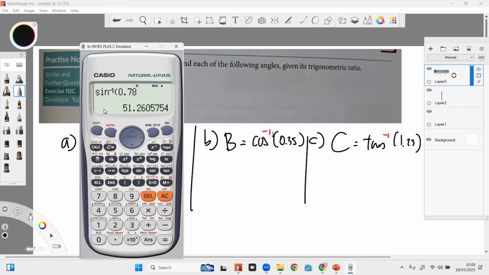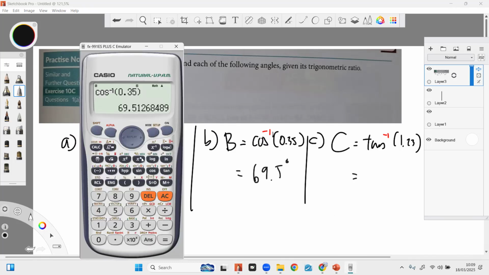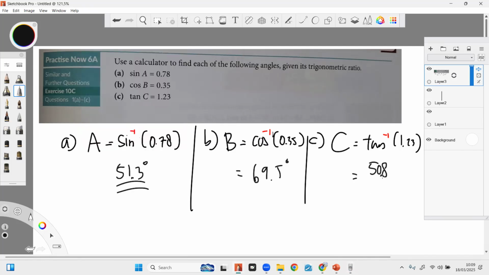Shift cos 0.35, 69.5. Very easy, but later on, the most challenging part is the word problems. 1.23, you get 50.89, or 50.9. One decimal place is enough.